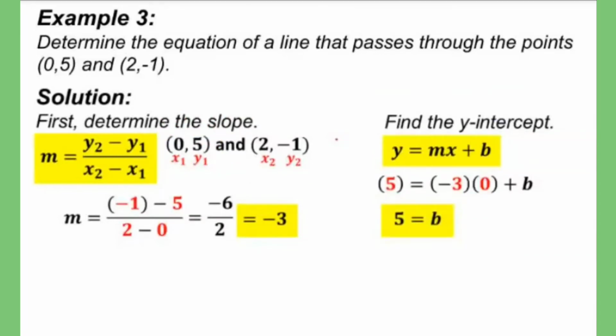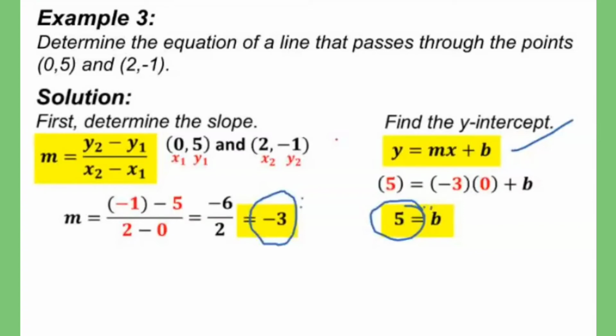Since na-solve na natin yung slope, which is negative 3, at saka yung y-intercept, which is equal to positive 5, pwede na nating isubstitute ang mga values na ito sa ating slope-intercept form of our equation of a line, which is y is equal to mx plus b. Hence, by substitution, y is equal to negative 3x plus 5.